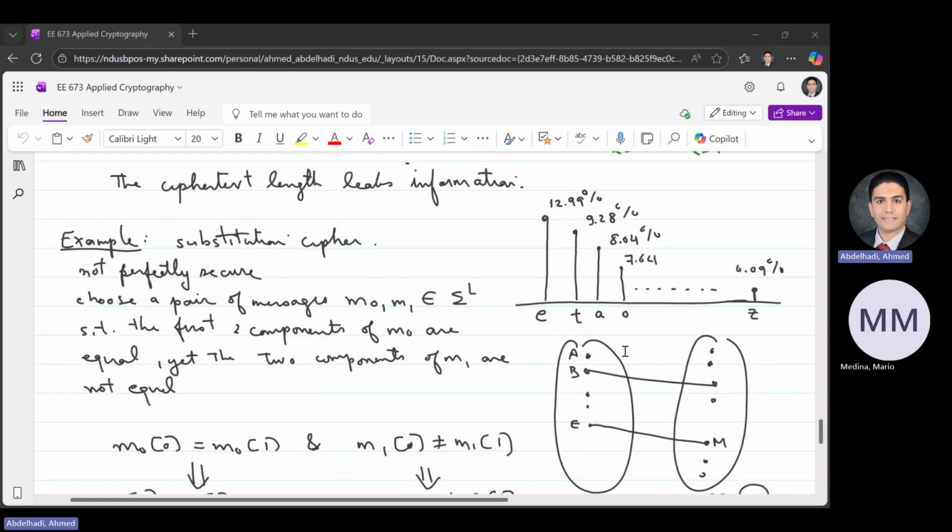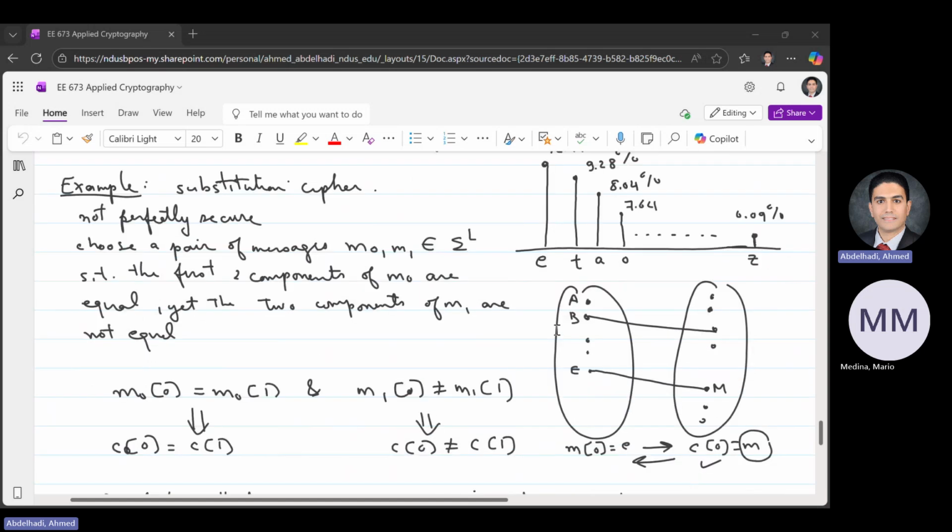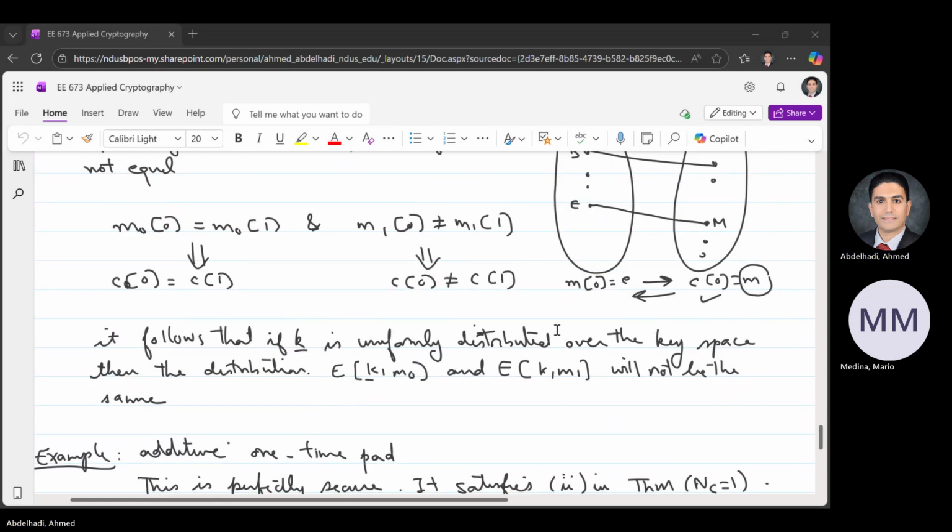For example, if you have a specific letter that is the most repeated letter, probably it was originally the letter E. This way you can tell that the encrypted letter is basically originally E. So this gives you an advantage in knowing about the message.